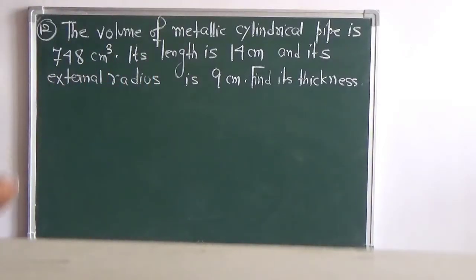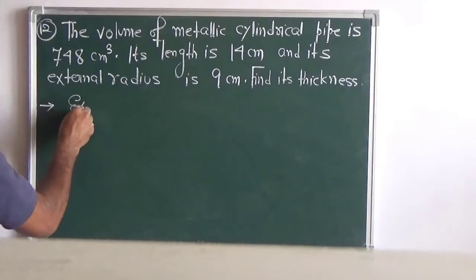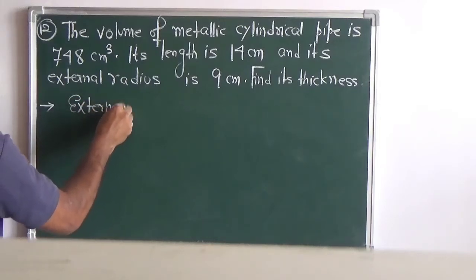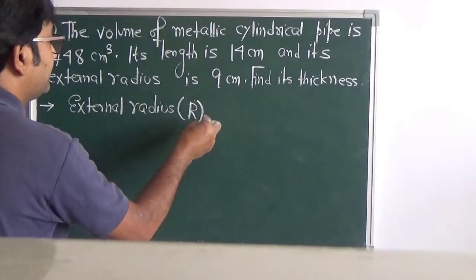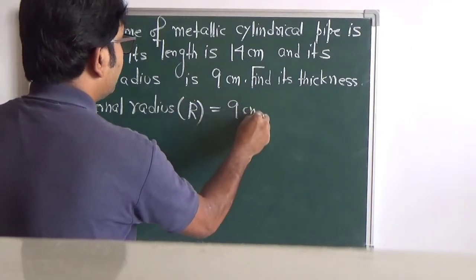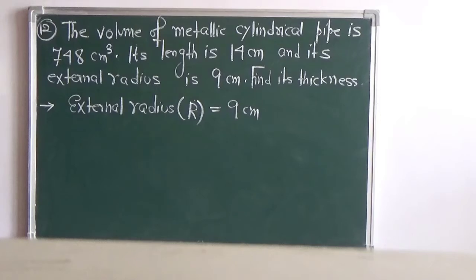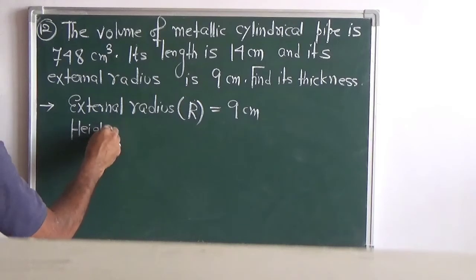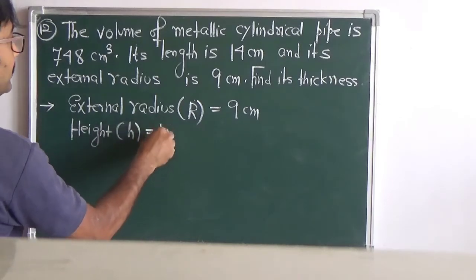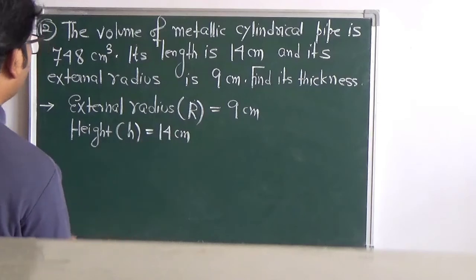According to the question, the volume of the metal cylindrical pipe is 748. First we note down the external radius given, that is capital R equals 9 centimeter, and the length is 14 centimeter. Length means the height, so h equals 14 centimeter.